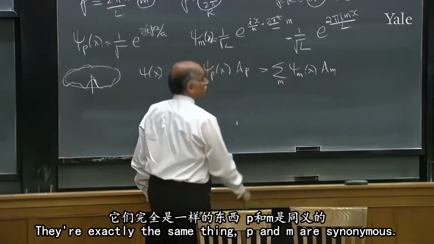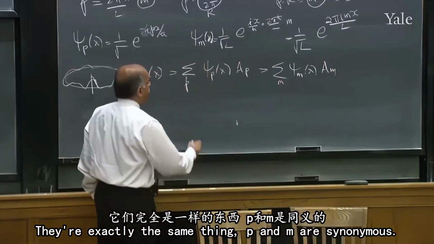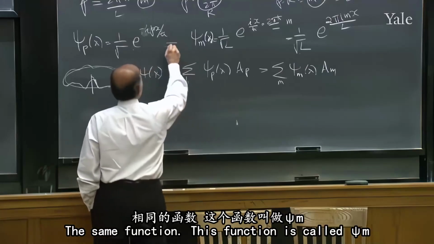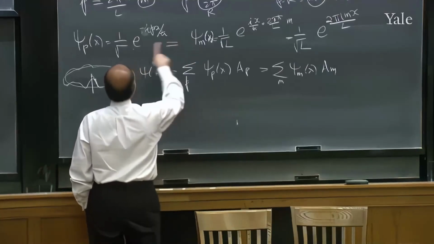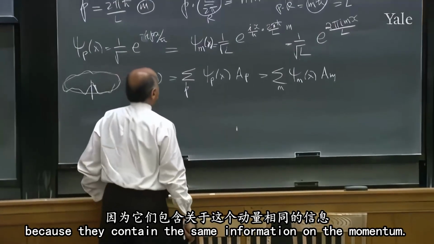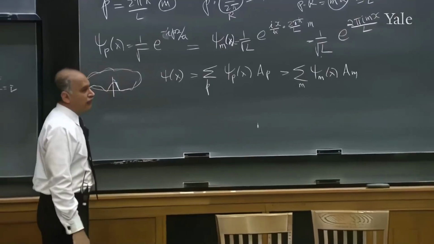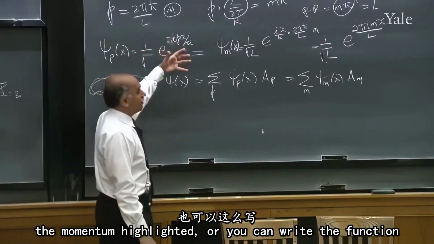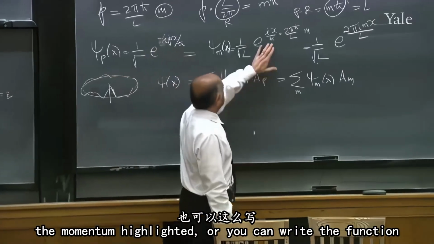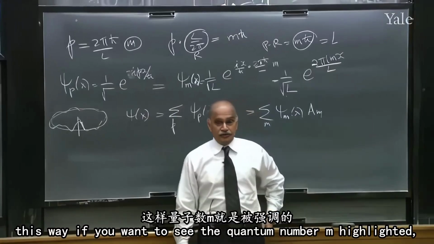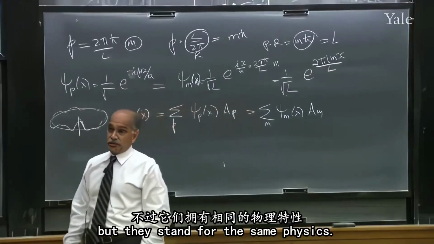They are exactly the same thing. P and m are synonymous. This function is called psi m because they contain the same information on the momentum. So either you can write it this way if you want to see the momentum highlighted, or you can write the function this way if you want to see the quantum number m highlighted. But they stand for the same physics.